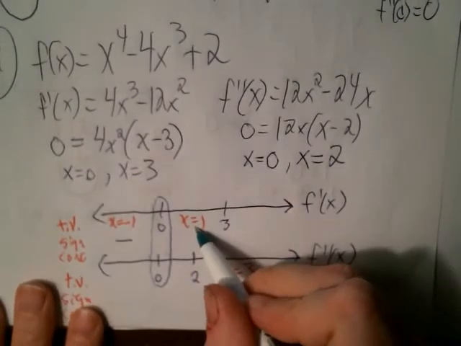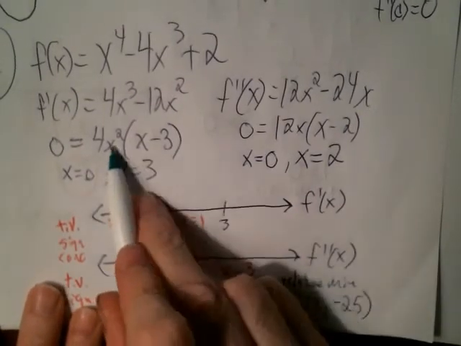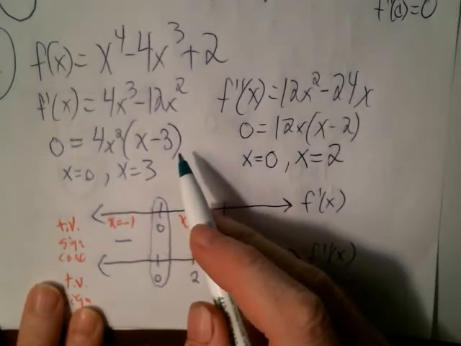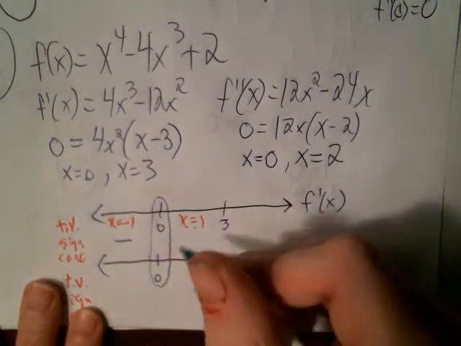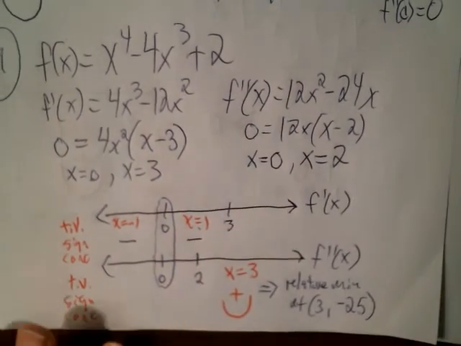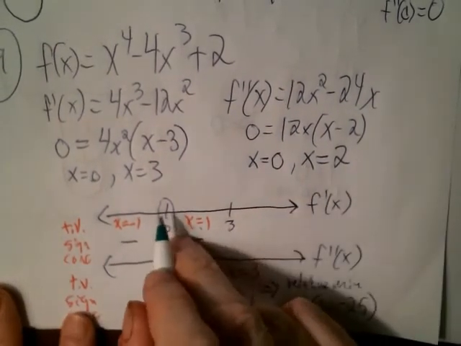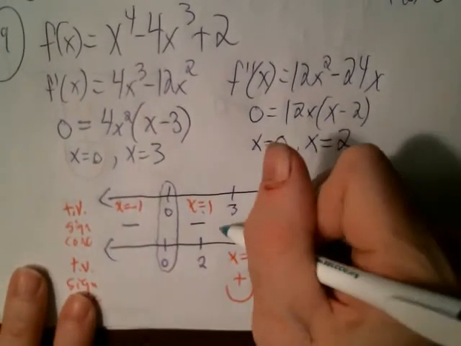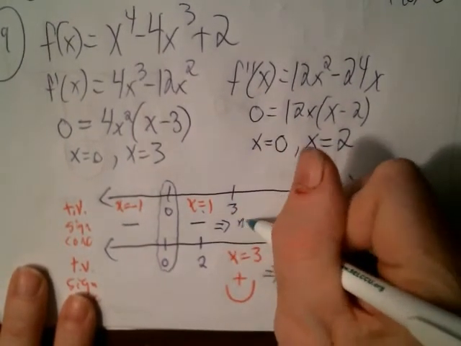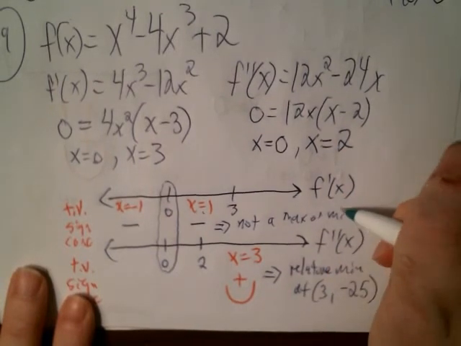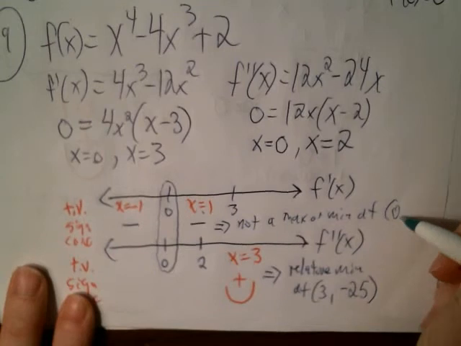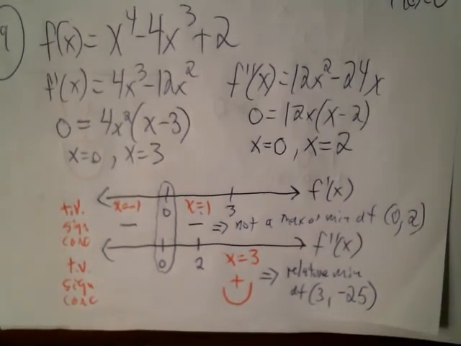Then for x equals 1, I have positive times a negative again, which is negative. So in this case, it's neither a max nor a min at 0.